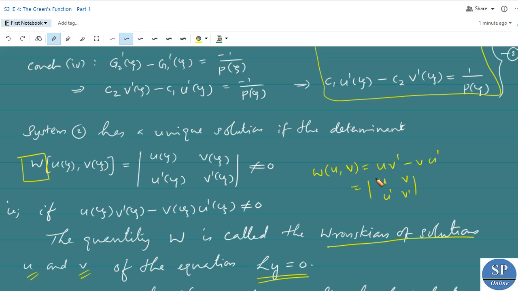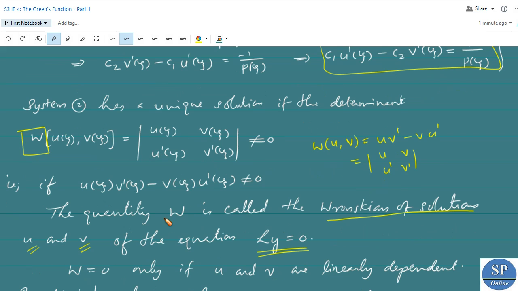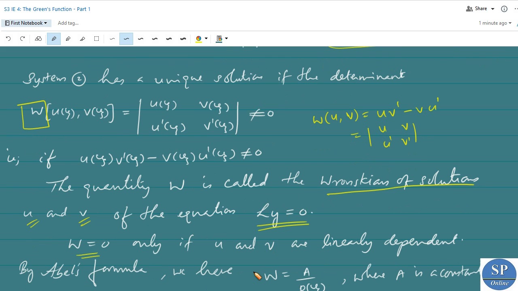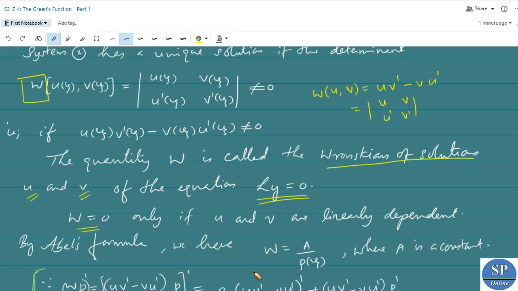So if the Wronskian is non-zero, then the system has a unique solution. The Wronskian equals 0 only if u and v are linearly dependent.